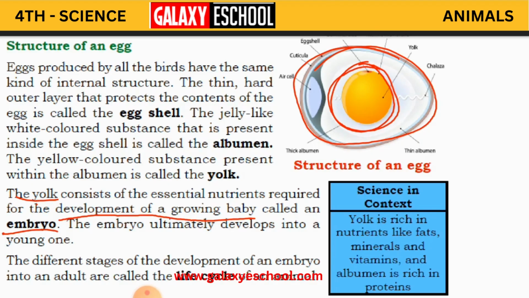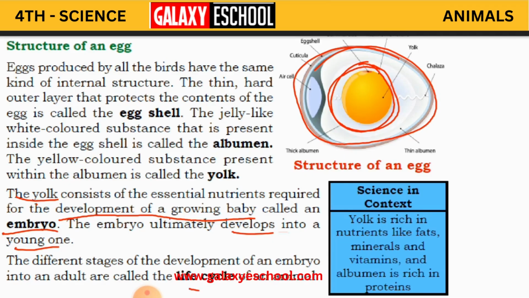Clear, children? The embryo ultimately develops into the young one. At the final stage, this embryo is going to develop into the young one. And the different stages of the development of an embryo into an adult are called the life cycle of an animal. What is the life cycle, children?